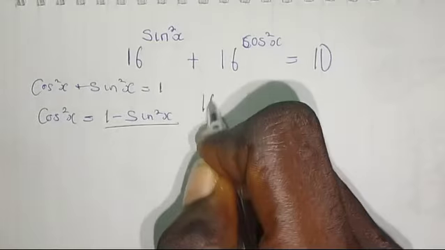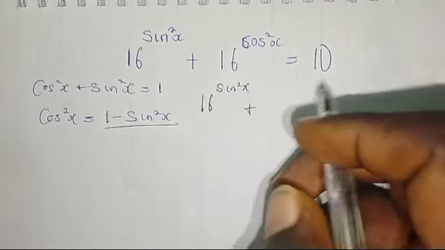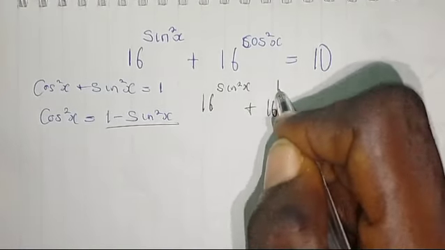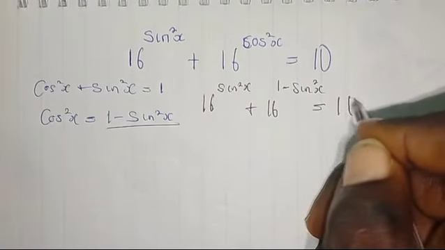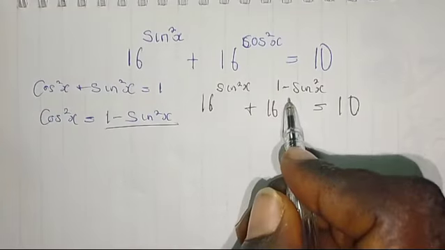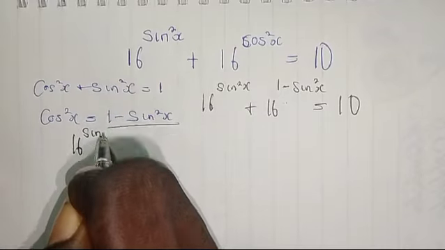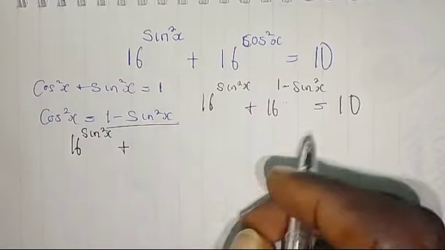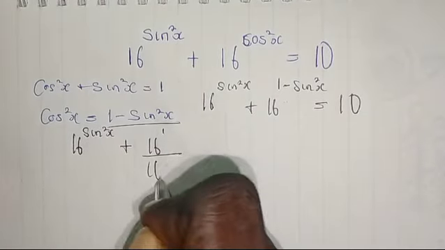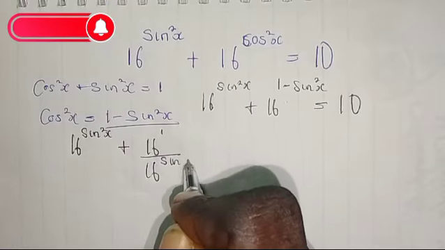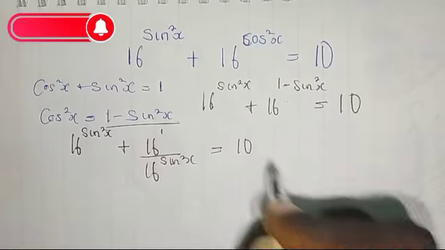So we have 16 raised to the power of sine square x plus, here we are going to have 16 raised to the power of 1 minus sine square x, is equals to 10. Now, using this indices property, we can just write this as 16 sine square x plus 16 raised to the power of 1 divided by 16 raised to the power of sine square x, is equals to 10.